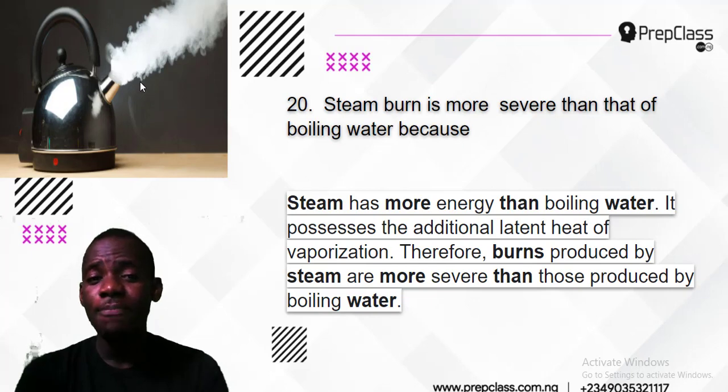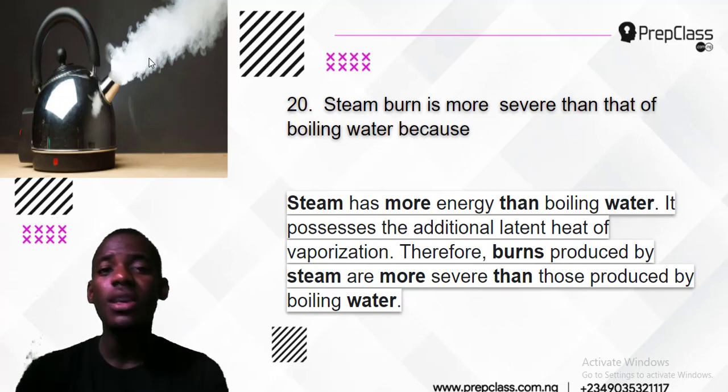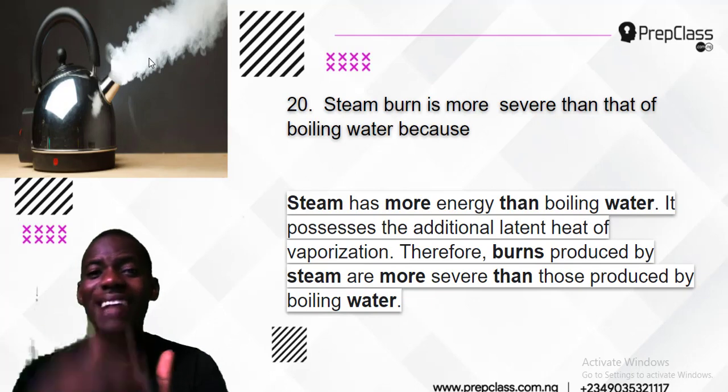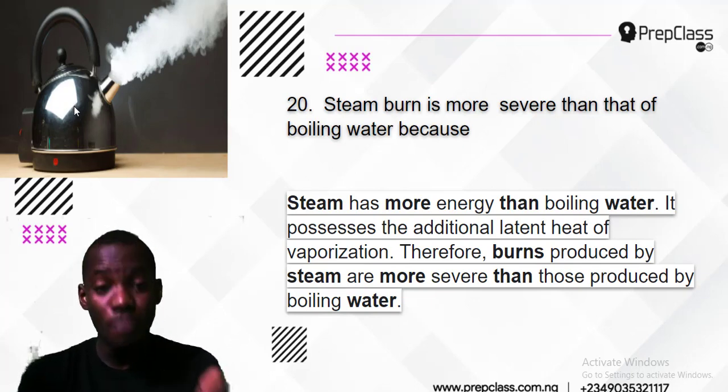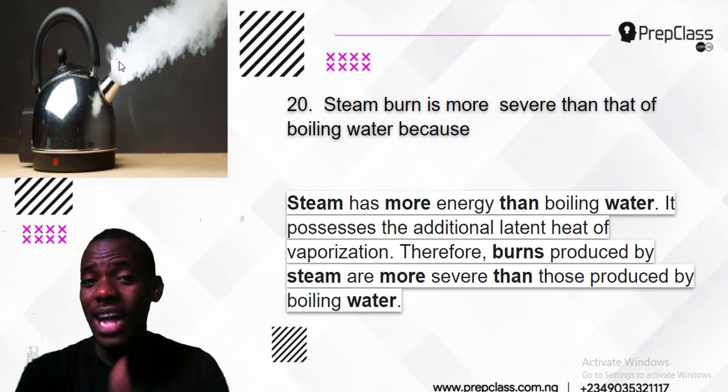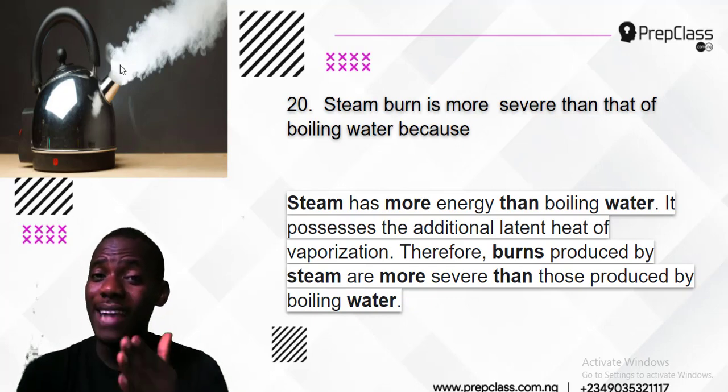The heat here is the normal heat, like the heat of boiling water, but because the state is changing from liquid to vapor, it has an extra heat called latent heat. So it has the heat of boiling water, and it also has an additional heat called latent heat of vaporization.